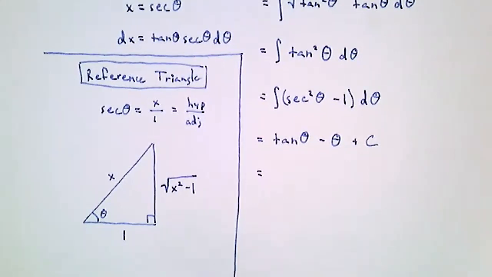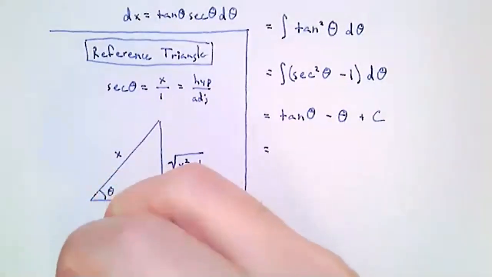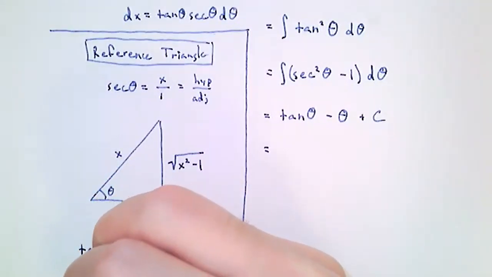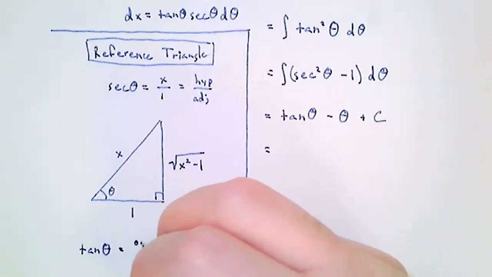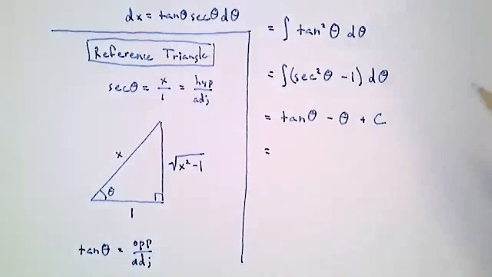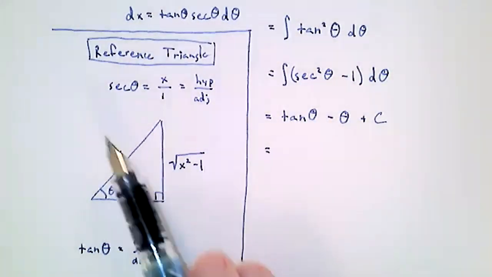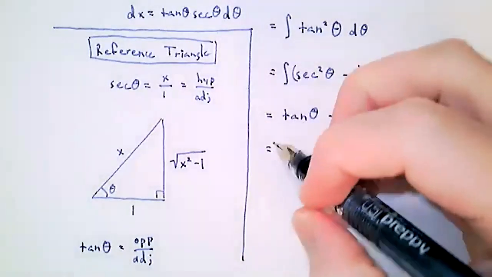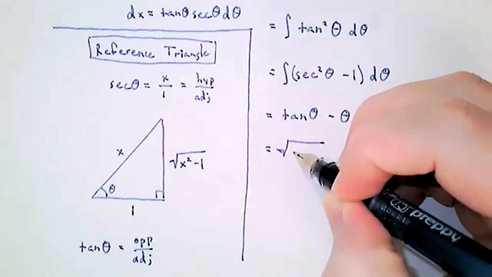Okay, so here's our reference triangle. We need to take tangent of this one. And remember, tangent is opposite over adjacent. So we're going to look at the square root of x squared minus 1 over 1. And dividing by 1 doesn't do anything. So we'll just write the square root.